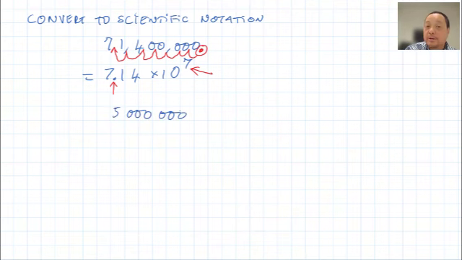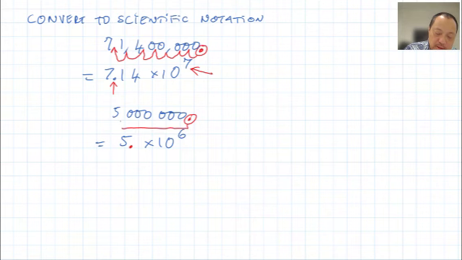The number 5 million we had before, and we figured that that's 5 times 10 to the 6th. This number has an invisible decimal right here. And how many places did it take for the original decimal to get to that spot? 1, 2, 3, 4, 5, 6. And that is a 6.